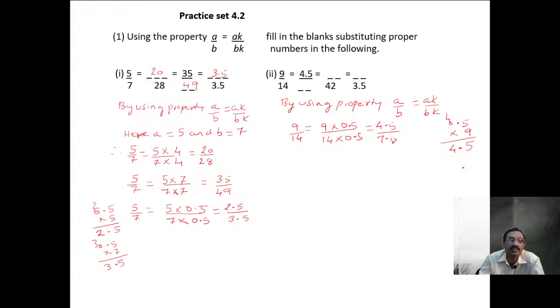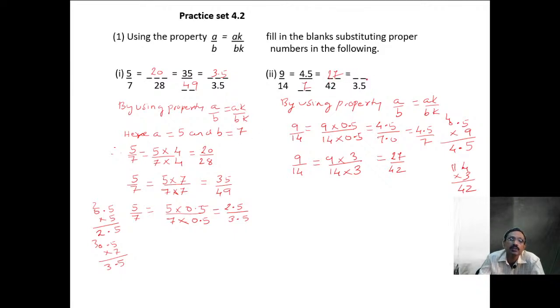So we get 4.5 upon 7. And 9 by 14 is equal to 9 multiplied by and 14 multiplied by a number. 14 3s are 42, 3 4s are 12, 42. We got here 42. Use the same 3 here. 9 3s are 27. What we are getting here is 27.